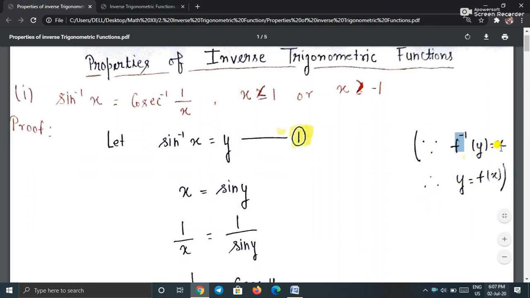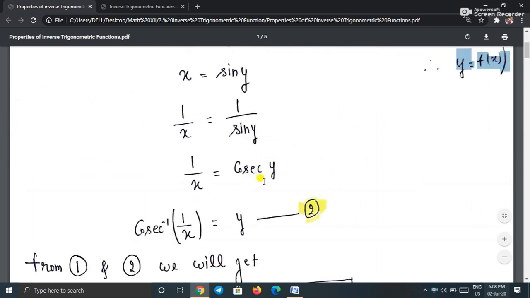Inverse image of y is equal to x, if under the inverse function the image of y is x then under the original function image of x will be y, this property is used here, right?